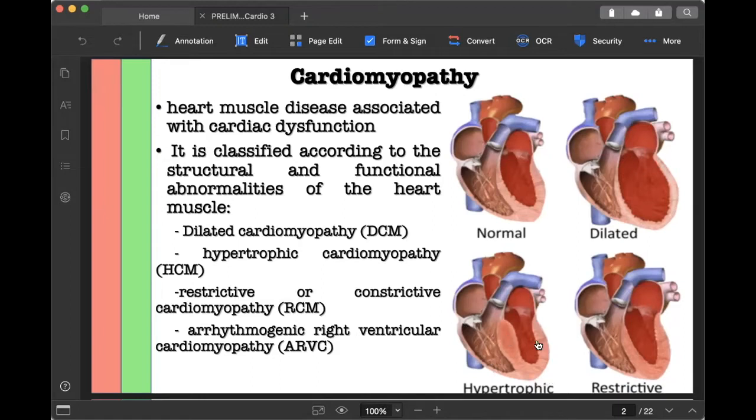As you can see, the cardiac muscle is a bit enlarged, and we all know that if there's an enlargement, constriction will follow. And this type is what we call restrictive or constrictive cardiomyopathy. And we have the other one, arrhythmogenic right ventricular cardiomyopathy.